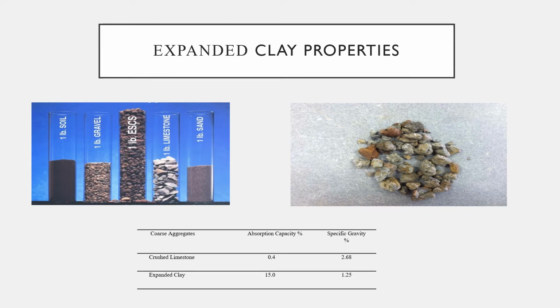That is more than 30 times the absorption capacity. So pre-wetting of expanded clay would absorb a lot of water that can be introduced to the poured section as an internal curing technique. In addition, the expanded clay weighs less than half. If you look at the specific gravity, that results in a lot of savings in the structure dead load, or the structure weight.